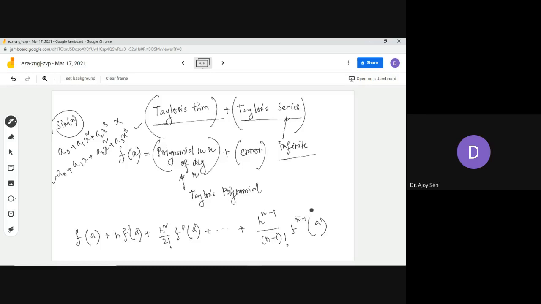I have written purposely for n minus 1, not exactly n, but n minus 1. You can also extend, you can take another term.